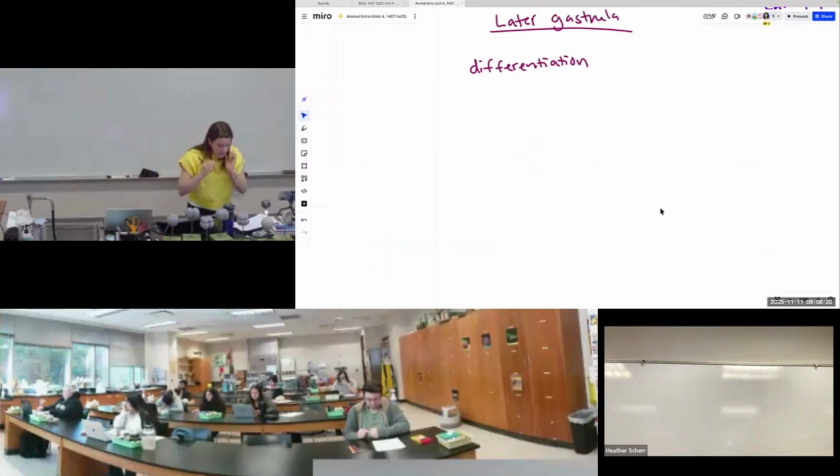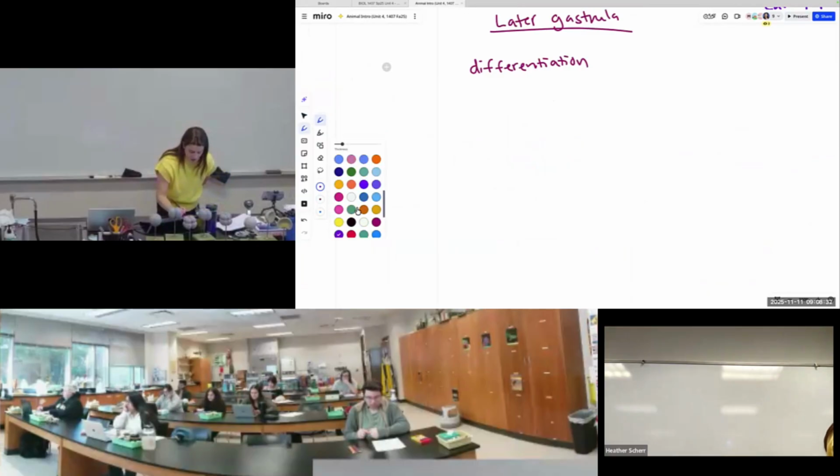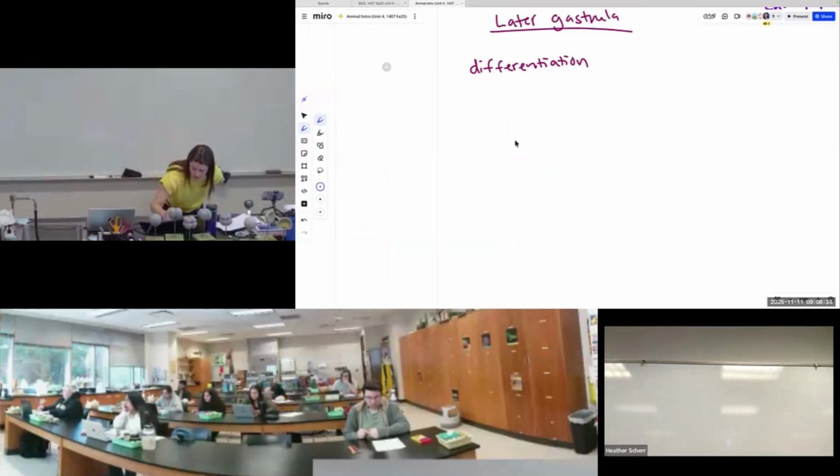So blue is going to be, what do we want to draw first? Let's draw the inside. Let's draw the archenteron. So this is going to be your orange or yellow. That is going to be that tube inside. I'm drawing it, obviously, cut through again. So we're going to call this inside, and I just mentioned this term.